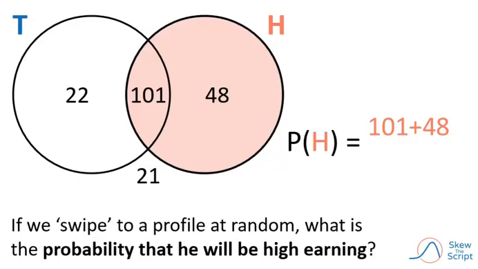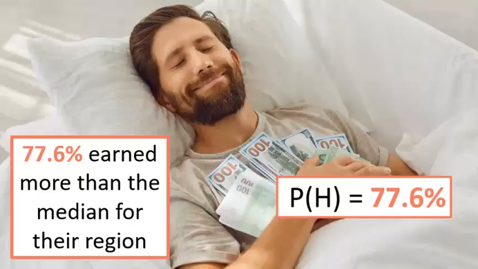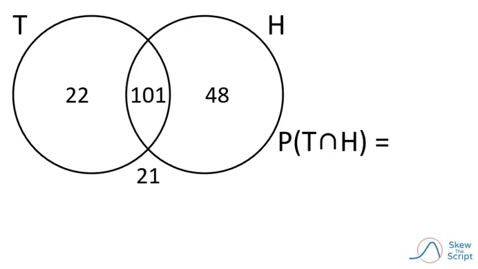So we add up everyone in that circle, 101 plus 48, and then we see that that's 149 high earners total out of the total number of men, which is 192, and that gives us a probability of 0.776 or 77.6%. In other words, we have more than a 75% chance of finding a high earner when we randomly swipe on the OkCupid dating app. So clearly, the men on OkCupid are doing pretty well for themselves financially.